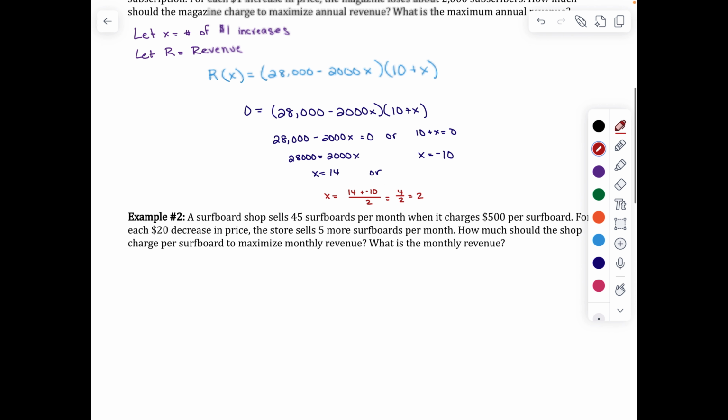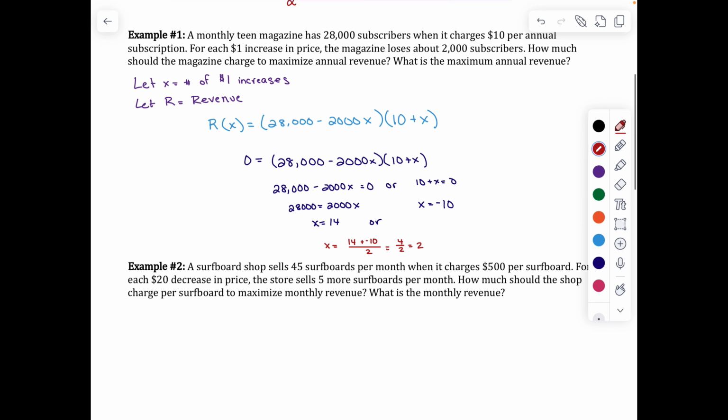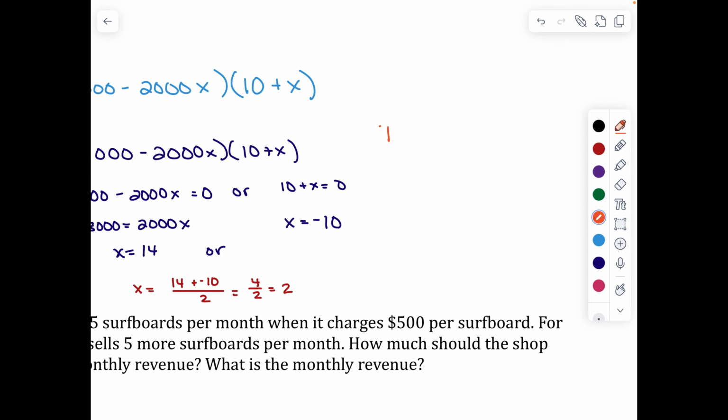Now that we know the x point of our vertex, how much should the magazine charge? Again, we're looking to make this a maximum. For the price, our price per subscription is 10 plus x. So 10 plus 2, that's easy, that's 12.